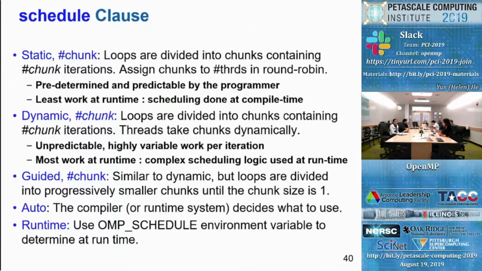Static is where you just divide the iterations into chunks. If you don't specify chunks, it divides into pieces by how many threads you have. So it's predetermined, and at compile time it is determined which threads will work on which pieces. So it's good.